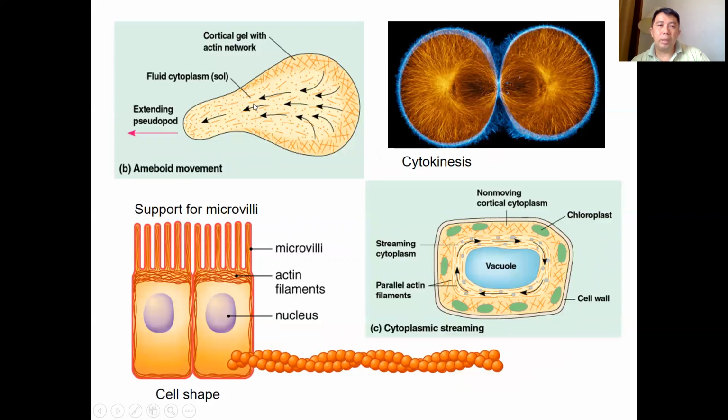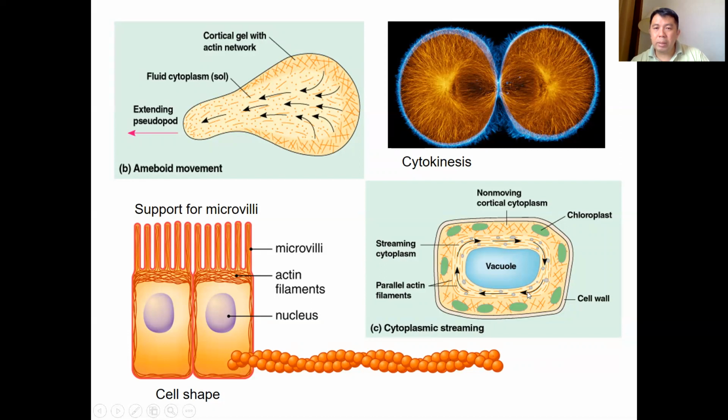So you can see here the movement, the actin cytoskeleton that moves to this side. This is for amoeboid movement. They support the microvilli. See, they are around the structure, so they provide the shape here and support the microvilli.